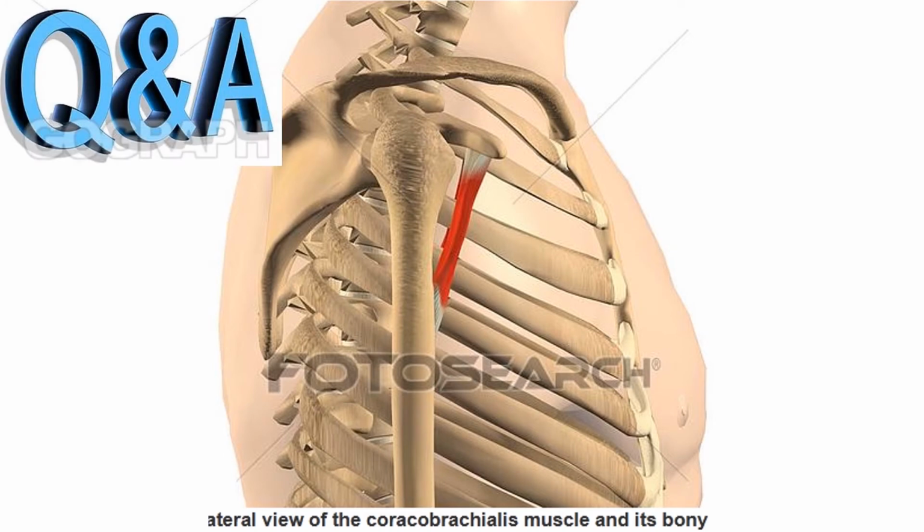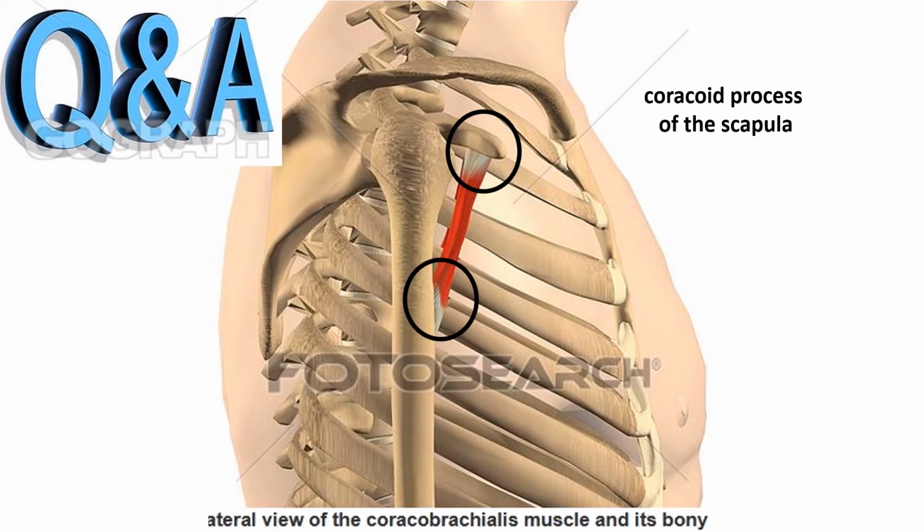Question: what are we looking at? We are looking at a lateral view of the shoulder joint, where we can see that this is the coracoid process, and this coracobrachialis muscle is attached here, and then we have this point, which is the medial side of the humerus, lower part of the upper humerus, or in the middle of the shaft of the humerus.